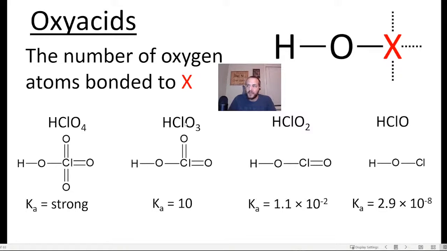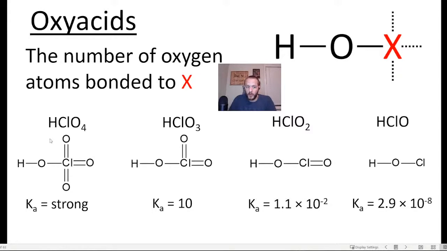Then we have chloric acid, then chlorous acid, HClO2, and finally hypochlorous acid. So we have 4 oxygens bonded to the chlorine over here, 3 over here, 2 over here, and 1 over here for hypochlorous acid. And notice the relationship.